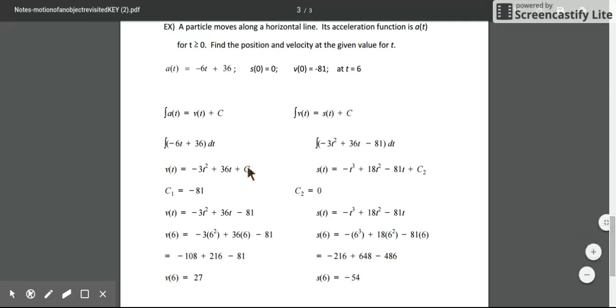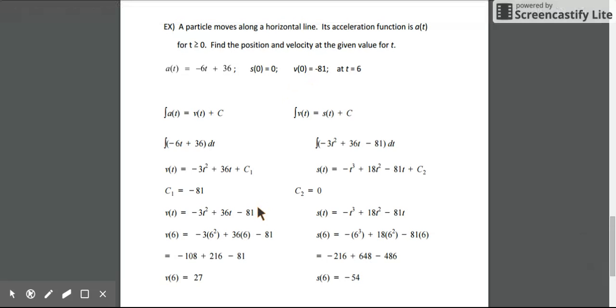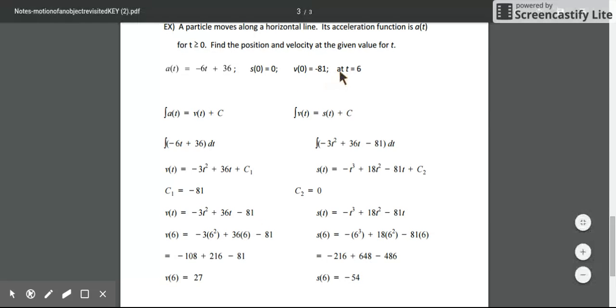Now we can substitute that into our constant of integration spot, and we have our velocity function in its particular solution form given this initial condition. So we can actually find the velocity at a specific time now. We just plug 6 into our velocity function and simplify. We find our velocity at t equals 6 is 27.